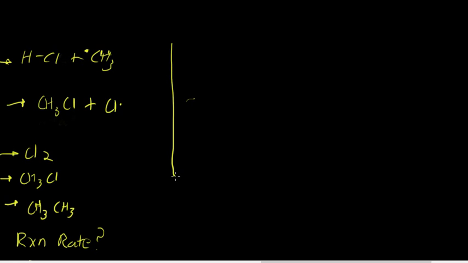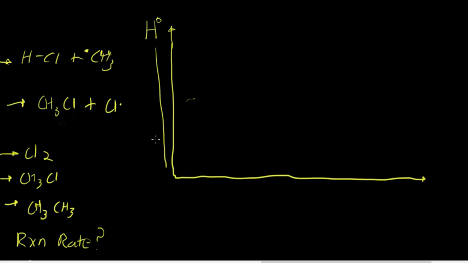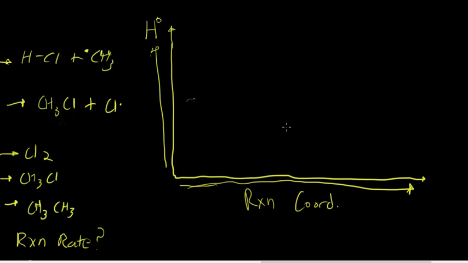We'll have standard enthalpy on the y-axis, or the vertical axis, and we'll have reaction coordinate on the x-axis. So the reaction coordinate, basically it's the position you are in the reaction. So on the left you'll have reactants, then you'll have a transition state, and then products.